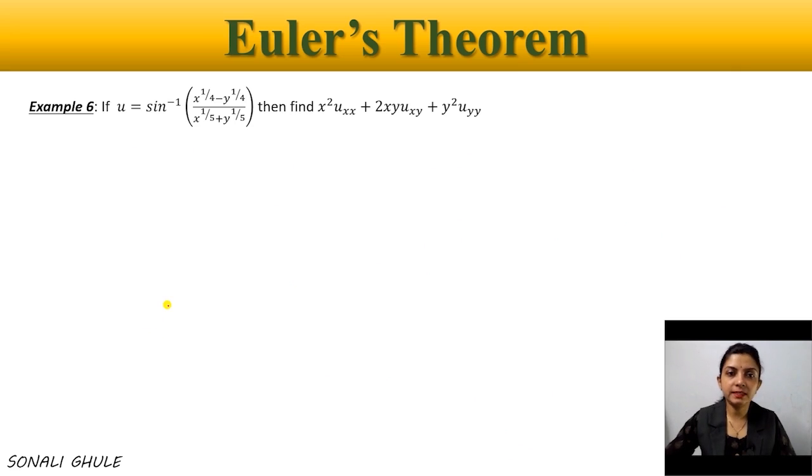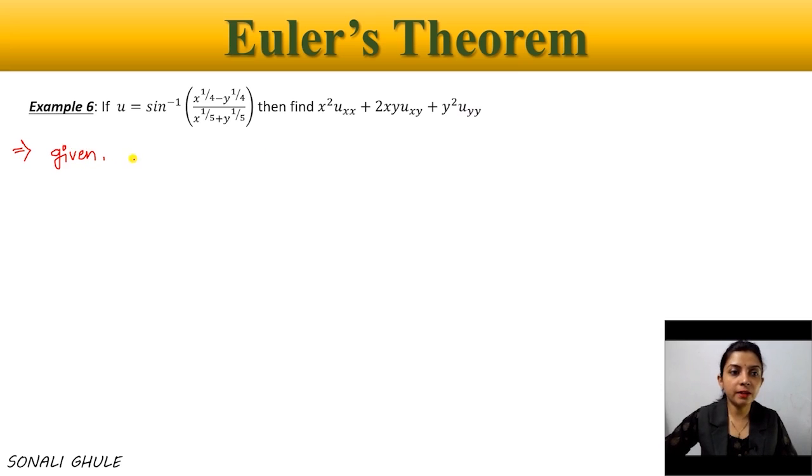So this is our next example that we have to solve here. See, this is given function and uxx, uxy, uyy means what? They are double derivatives of function with respect to x and y. Okay. So here, first of all, always write down your given part.